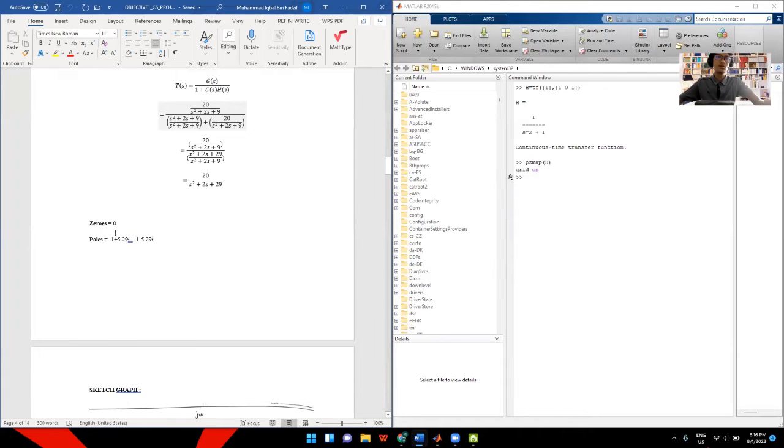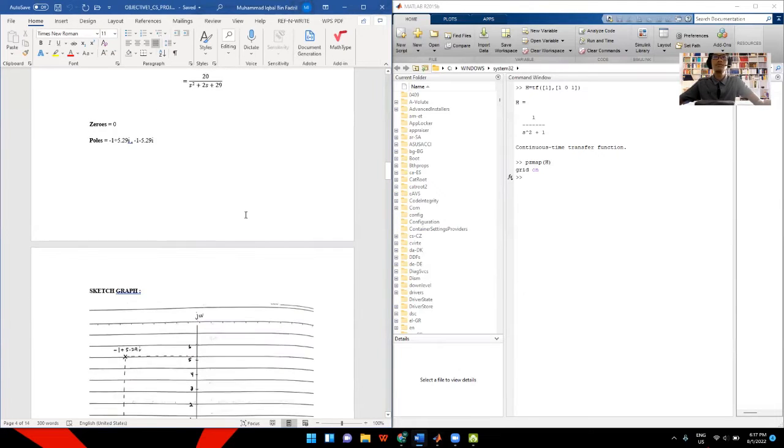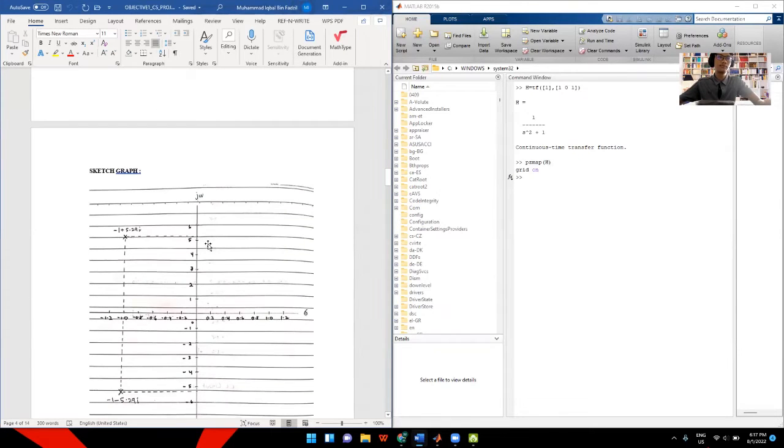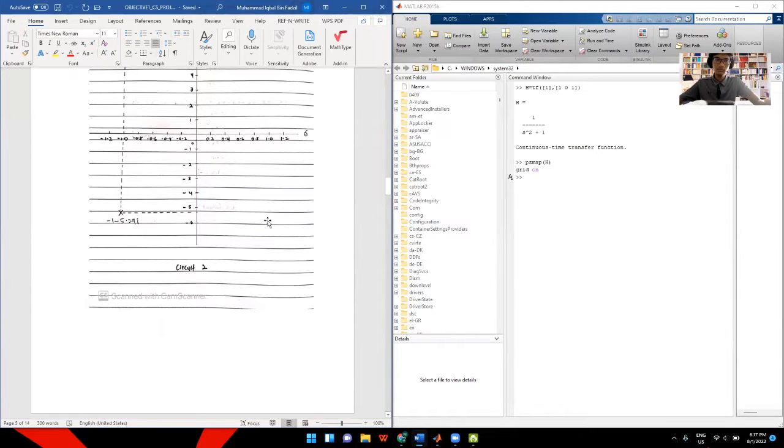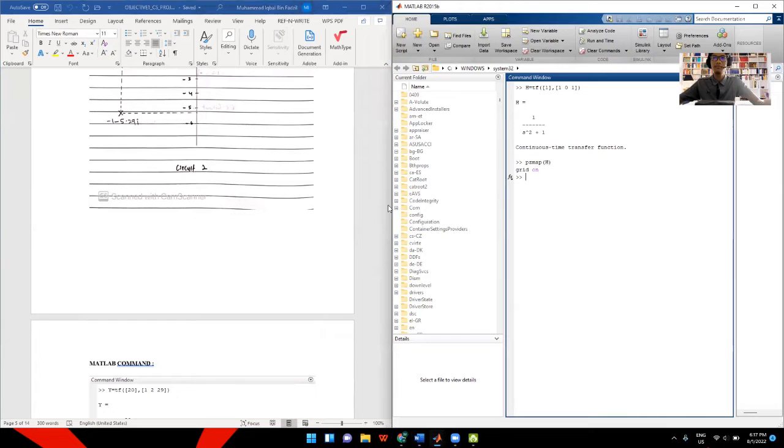So the zeros is 0 and the poles are negative 1 plus 5.29i and negative 1 minus 5.29i. So this is the sketch graph, and then we prove it in MATLAB.